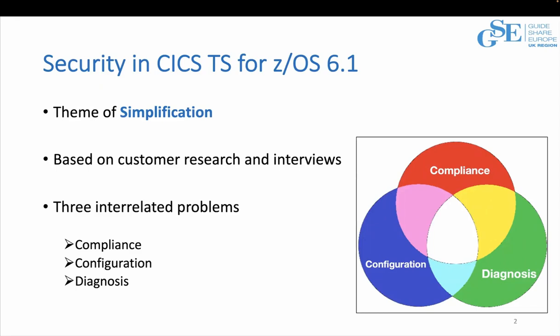From those conversations, we've found 3 interrelated problems, which we have tried to address under that umbrella of simplification, and that is compliance, configuration, and diagnosis. As we go through, you'll find most of the features that I'm talking about hopefully tied back to simplification, and you can see potentially how they fit in with those problems, okay?